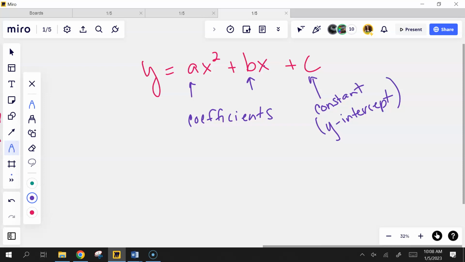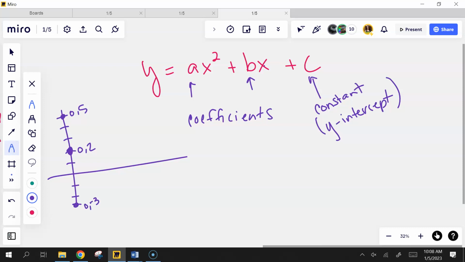If I gave you a graph, what are the coordinates of this point right here? What are the coordinates of this point? What are the coordinates of this point?